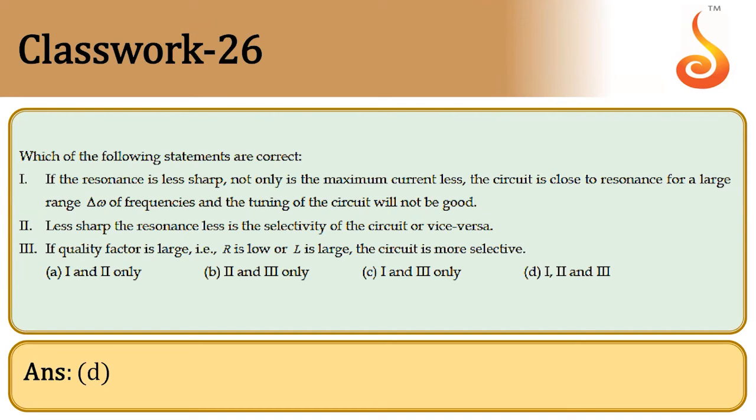If the quality factor is large, then R is low and L is large, and the circuit is more selective. Correct. All three statements are correct. I explained this concept. Yes. Next.